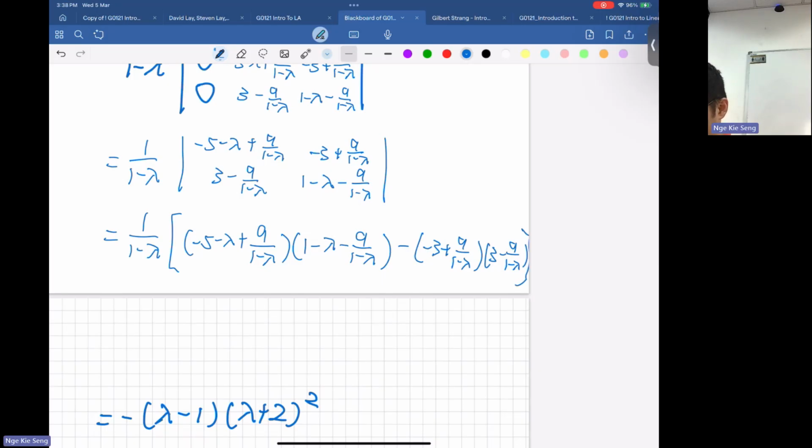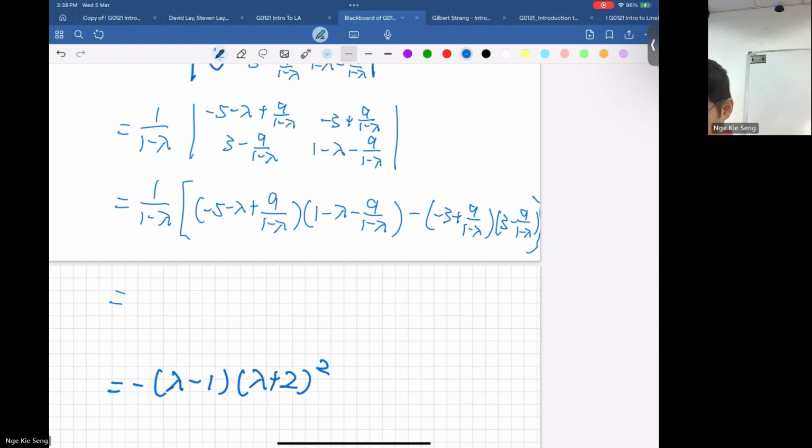Okay, so what should we do next? Can I pull this 1 minus lambda square out such that I get 9? Oh, not just one is enough, I need to pull 2 of them out.